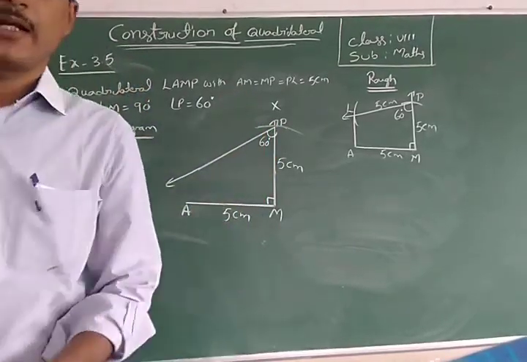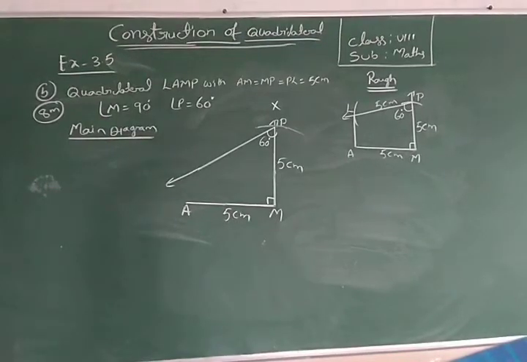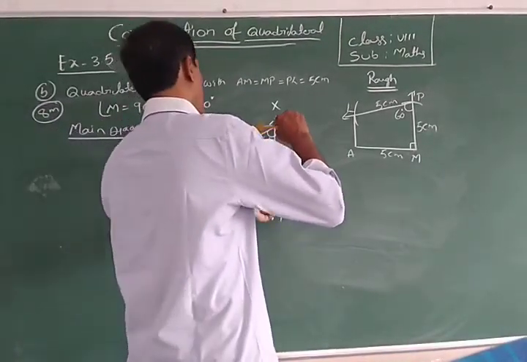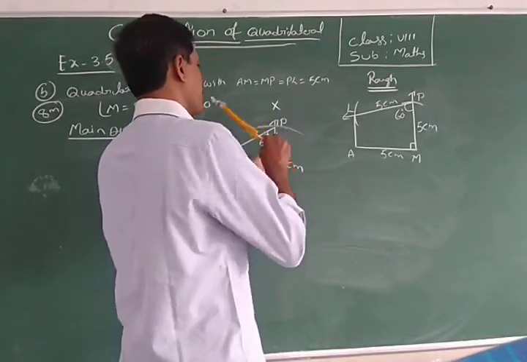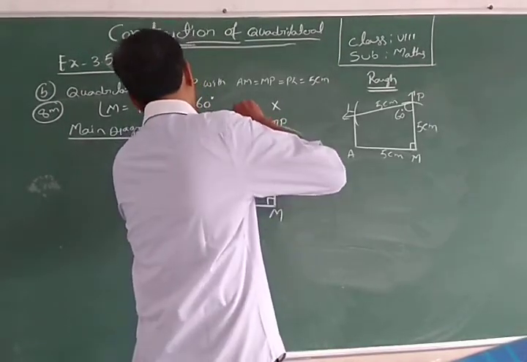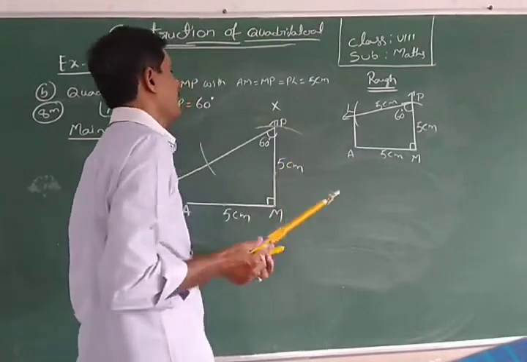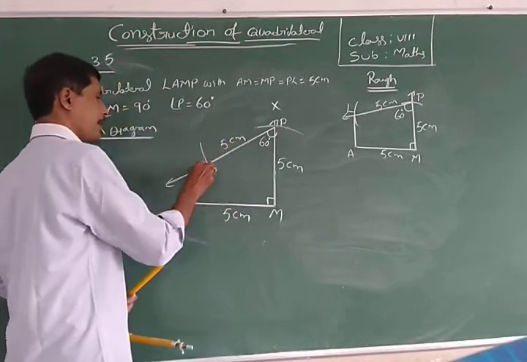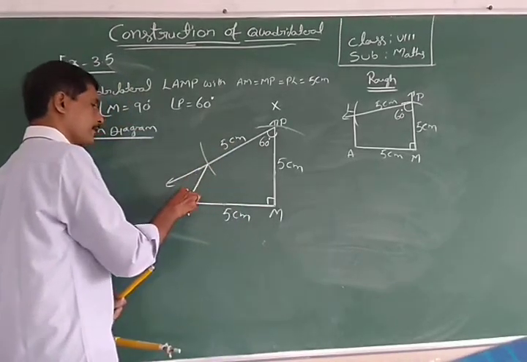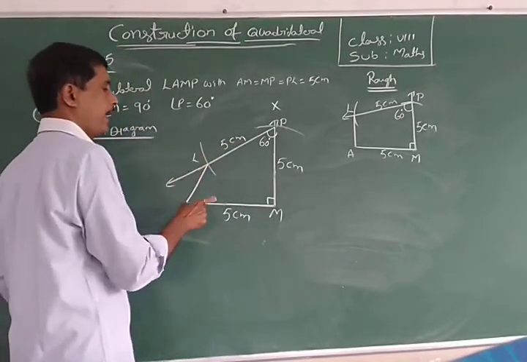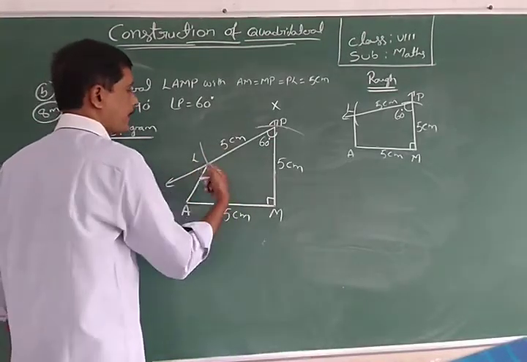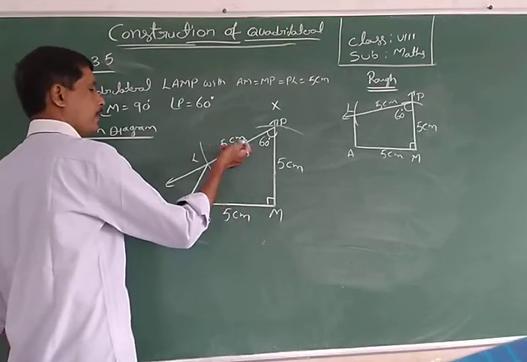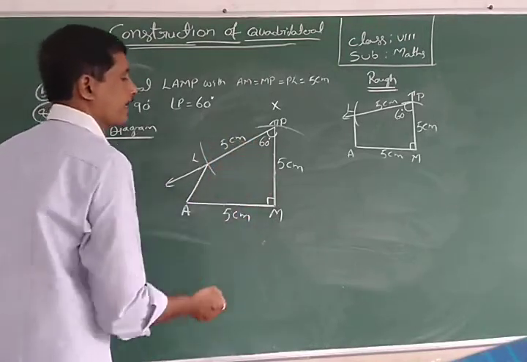Next take P as the center, draw the arc with 5 centimeters. Already here MP is 5 centimeters. Take P as the center, draw the arc with 5 centimeters. Join AL. Therefore LAMP, here 5, 60 and 90.